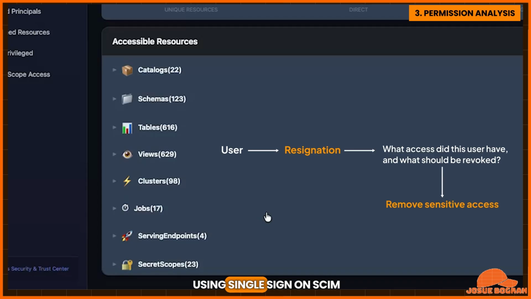If you are using a single sign-on scheme, removing them at your org level will automatically remove them from everything. But you want to take a look before they leave, so you can have a discussion with them: we gave you access to certain sensitive data sets, and here are our policies. When you leave the organization, we want you to adhere to our NDA, and so on and so forth.